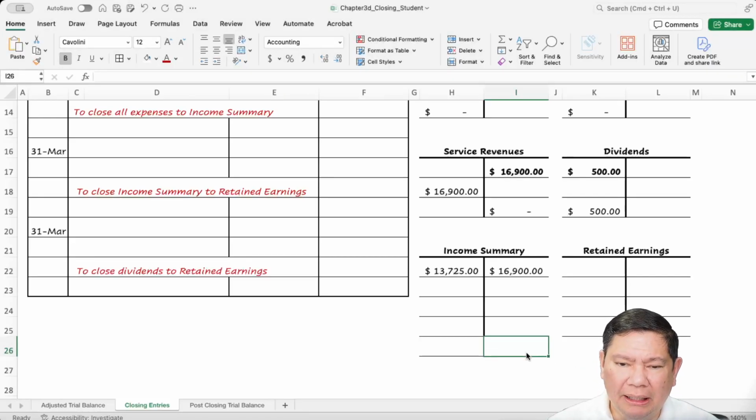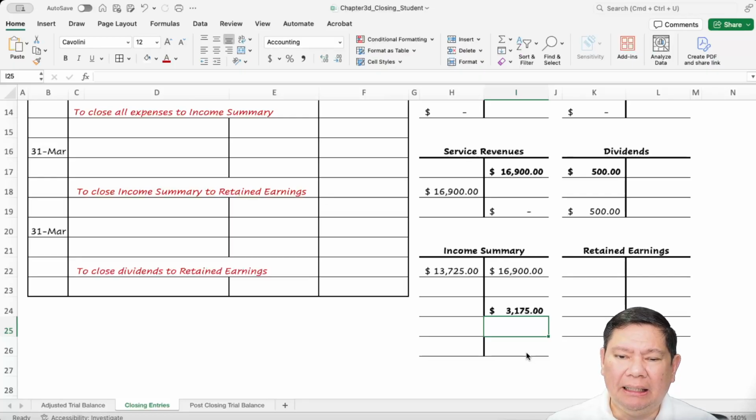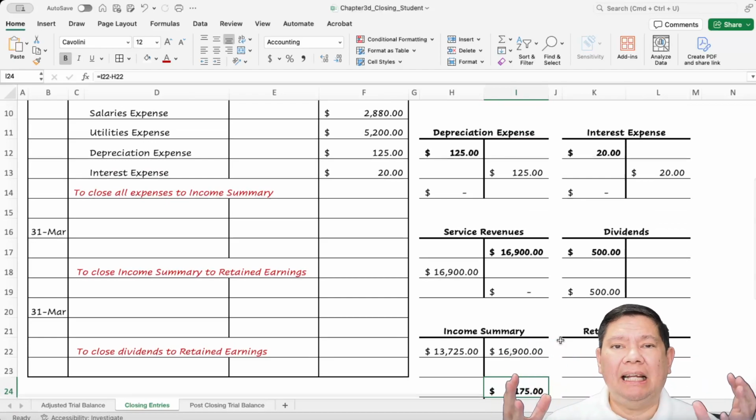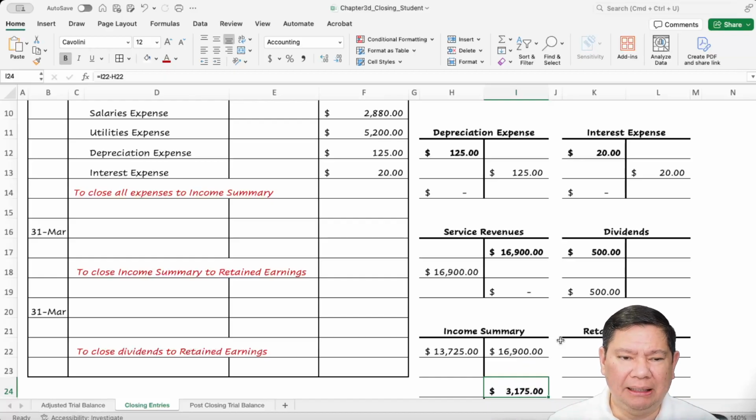Equals revenues minus expenses. So basically income summary summarizes our operation, all revenues minus expenses.